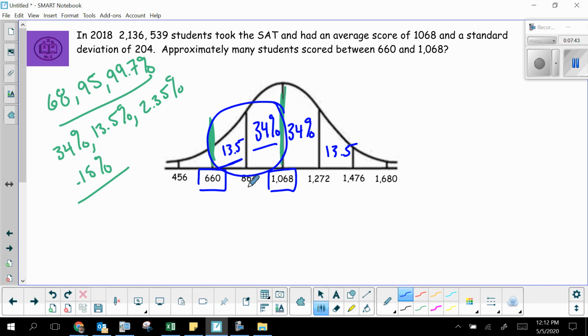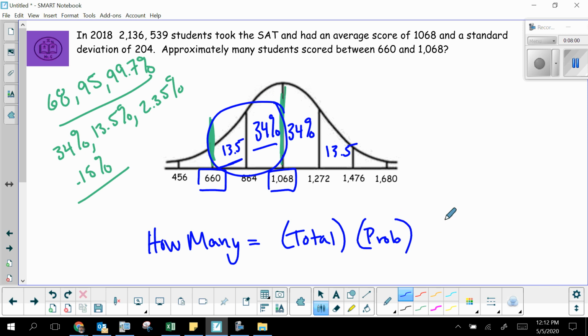And so approximately how many students would it be? Once again, the how many part is the total number of students times the probability as a decimal. So we need to do what we did in the last example. Find the percent, turn it into a probability, and then multiply that by the total of 2,136,000 students.